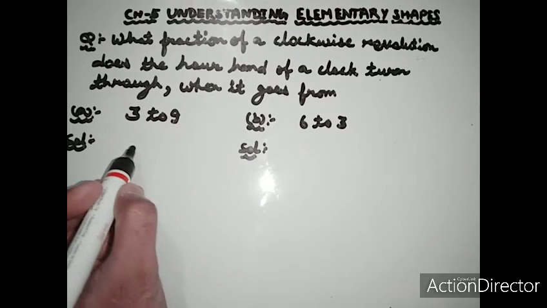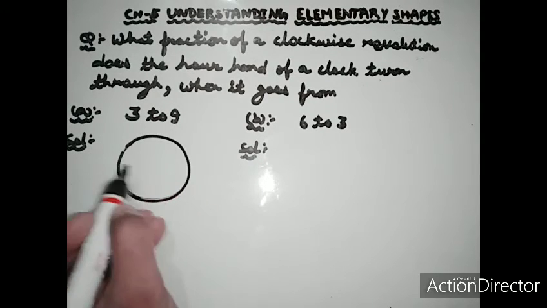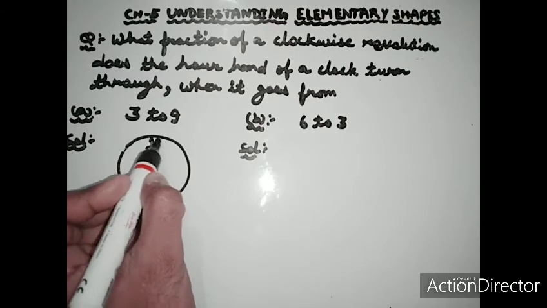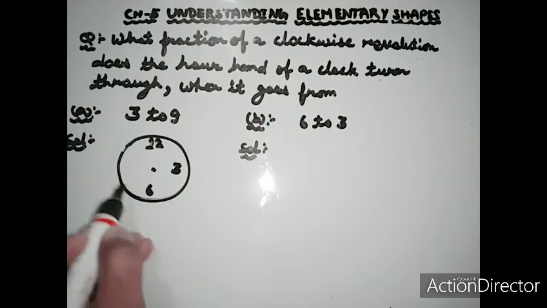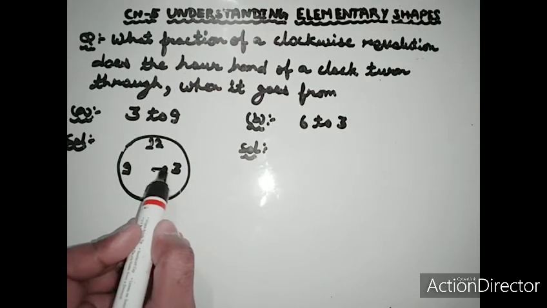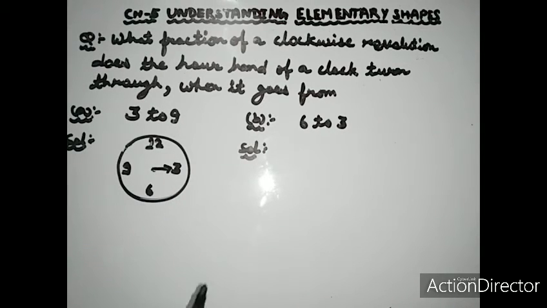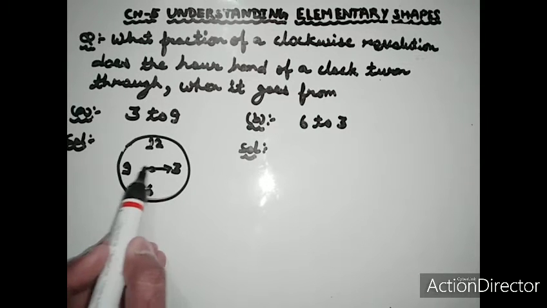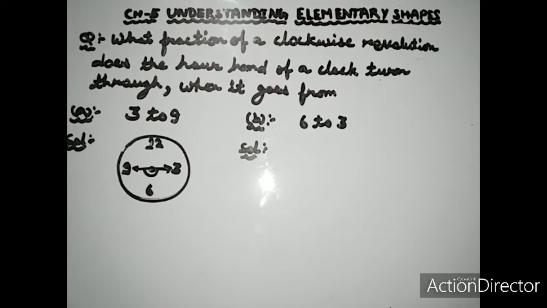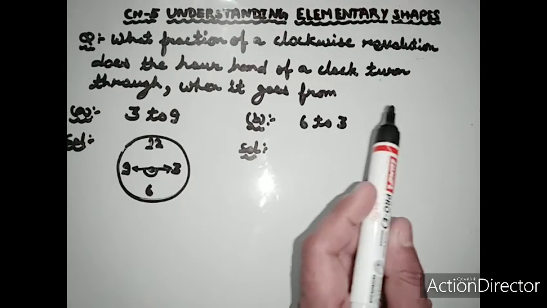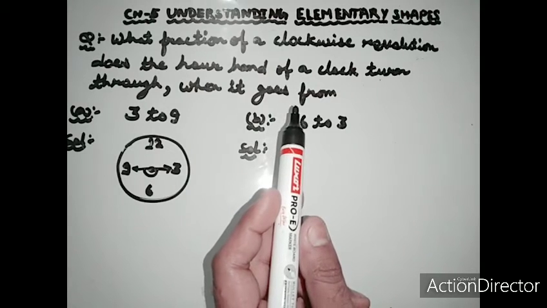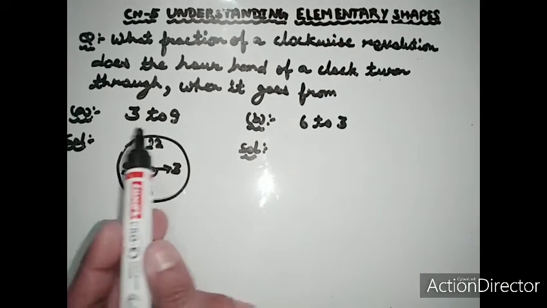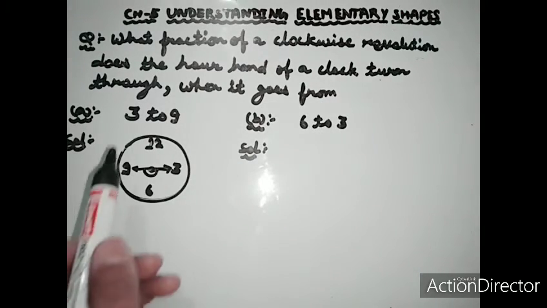Okay students, so now here we draw a figure of this clock. Now here we write 12, 3, 6 and 9 here. Now here the hand of a clock, the initial position is 3 and the final position is 9. Okay, so what fraction of a clockwise revolution does the hour hand of a clock turn through when it goes from 3 to 9?